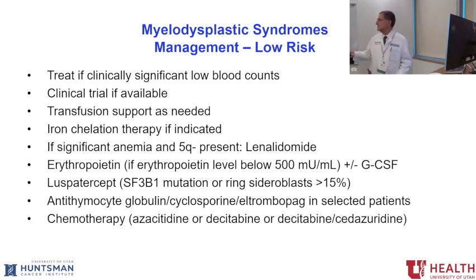One is called azacitidine, the other one is called decitabine, and then there's an oral formulation of the decitabine. But for low-risk MDS, the gentle chemotherapy I just mentioned is reserved for very few patients in general where everything else is not working. So that's the general management for patients who have low-risk MDS.